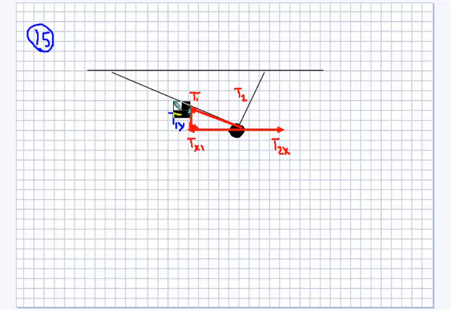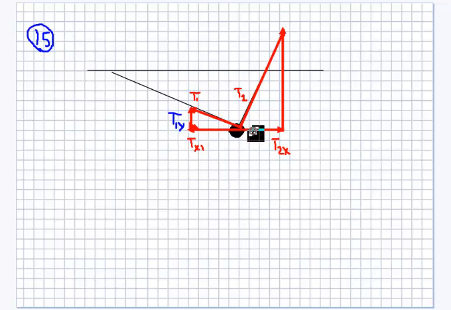And similarly, we have to do the same thing with the tension on the other side. Hopefully it makes sense to you that this tension force must continue upward until it's in alignment with the total tension, so that the x and the y line up to give us our total tension, T2.